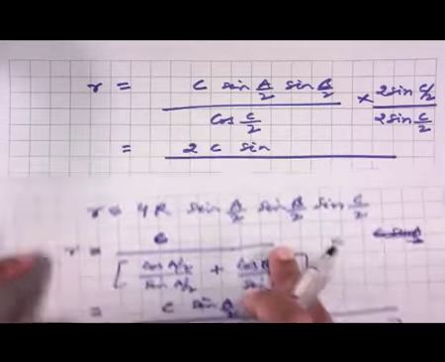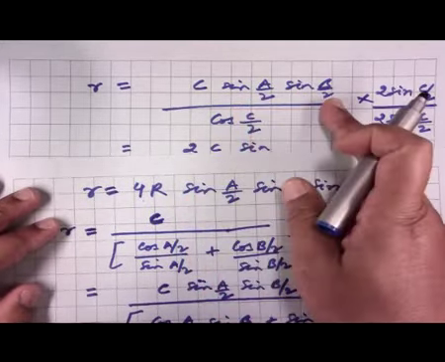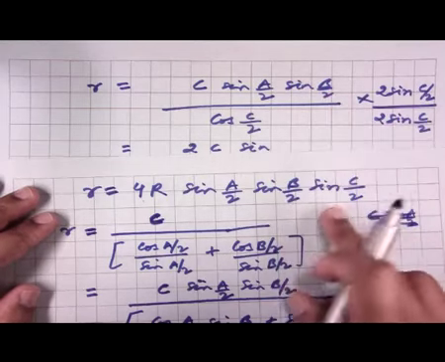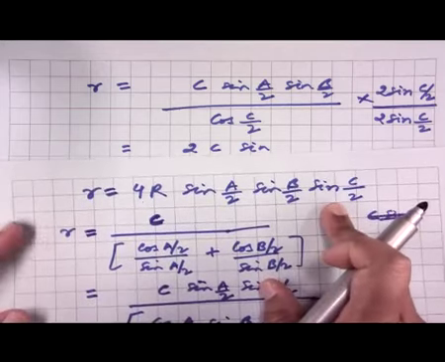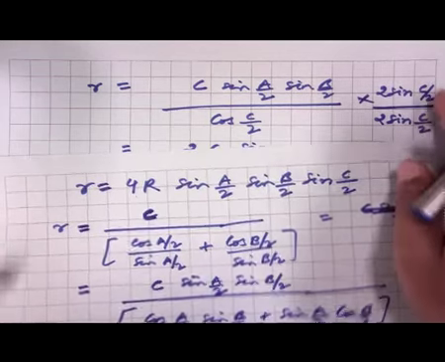We already got sin A by 2 sin B by 2 on the right hand side. We need sin C by 2 also, and therefore, I multiplied with sin C by 2.